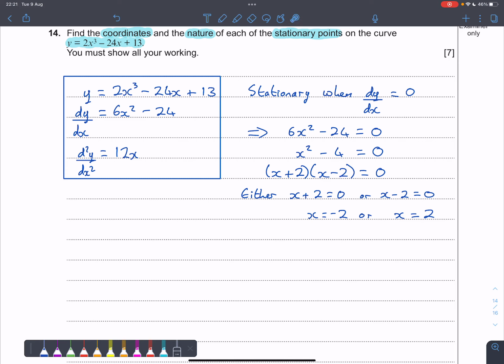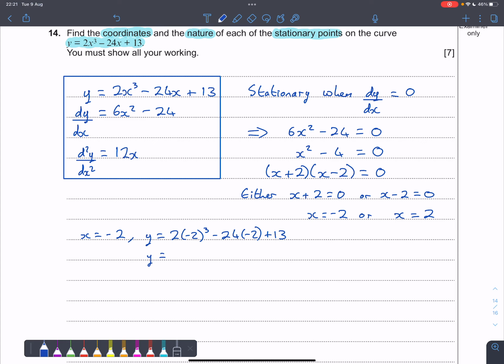Now, that's the x-ordinate of our two stationary points. We need the coordinates, so we need both ordinates, and we need to substitute into y to find that value. When x equals negative 2, y is going to be 2 lots of negative 2 cubed, minus 24 lots of negative 2, plus 13.